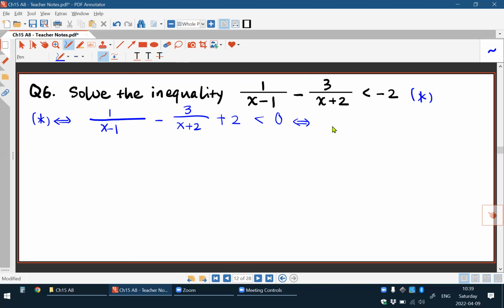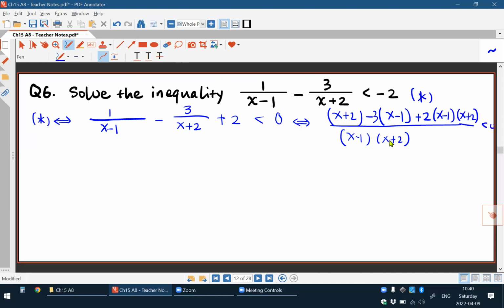Okay, so what is a common denominator on the left? It's just the product of x - 1 and x + 2, right? And if you rewrite using the common denominator, you will have (x + 2) - 3(x - 1) + 2(x - 1)(x + 2) over (x - 1)(x + 2), right? And if you're not so sure about the result here, you can verify it term by term.